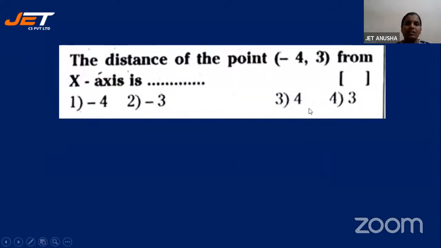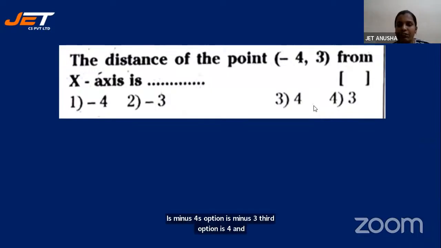So the next question is, the distance of the point minus 4 comma 3 from x-axis is. First option is minus 4. Second option is minus 3. Third option is 4 and fourth option is 3. Monica gave me 4. Rohini 4. Avinash 4.